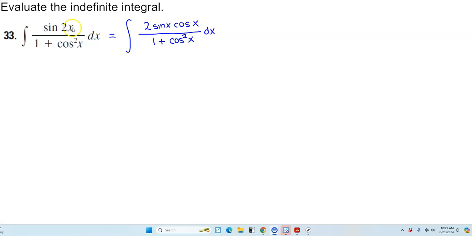Then what we're going to do is factor out the 2. So if we factor out the 2, we get 2 times the integral of sine of x times cosine of x over 1 plus cosine squared x dx.